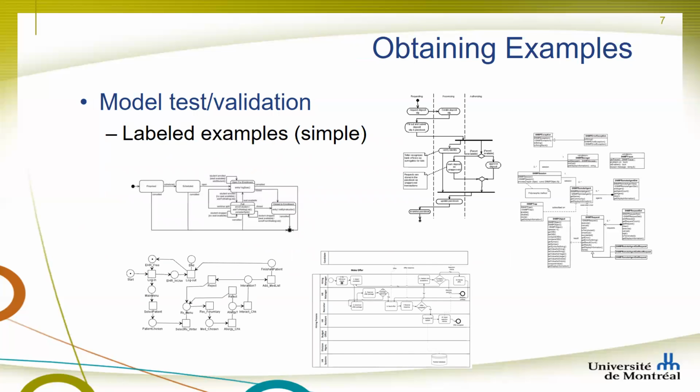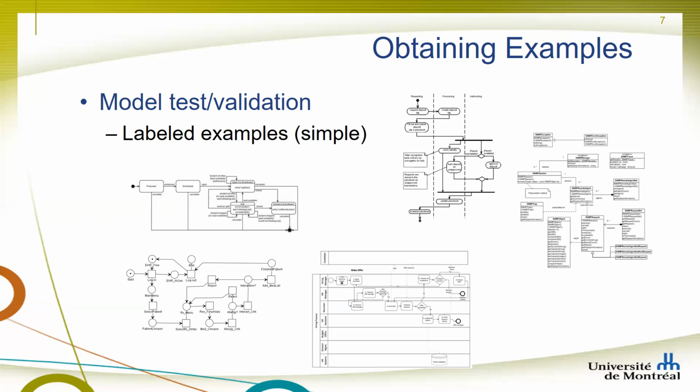So let's show some examples of examples. So this is for example for model test validation. If we sit with a domain expert, and just generate examples, and ask him to say if these examples are valid or invalid.